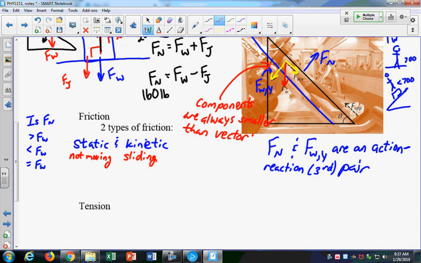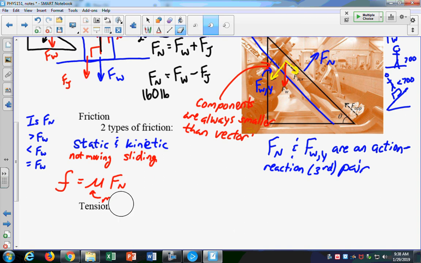Now, I can calculate both of these in a particular way. First of all, I'm going to let friction be script F like that. So it's a force, so I use the letter F, but it's a special type of force that we see a lot, and so I'm going to use a special letter F, a lowercase script F. It is equal to mu times the normal force. This is the Greek letter mu.